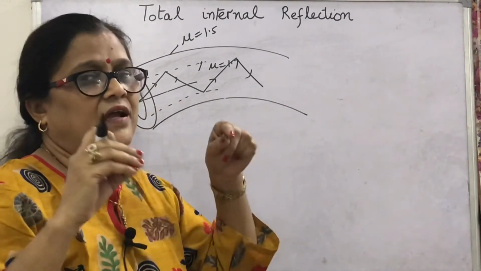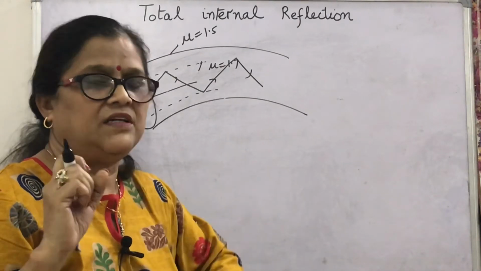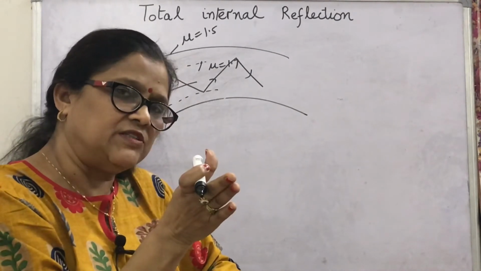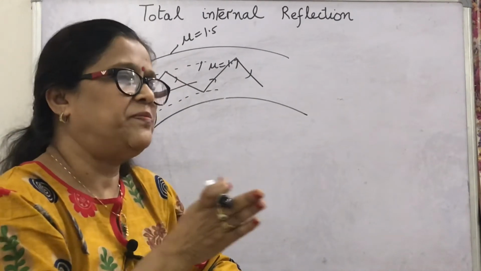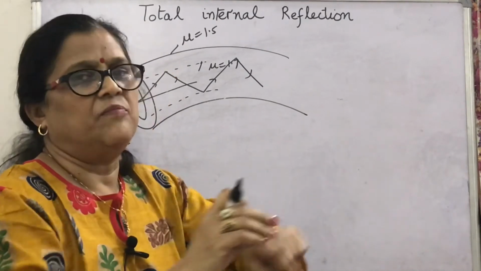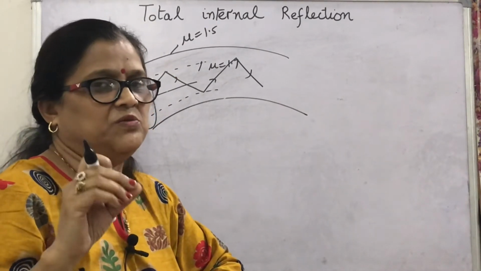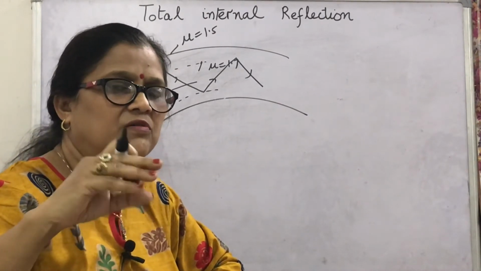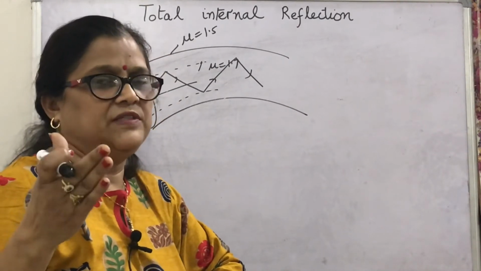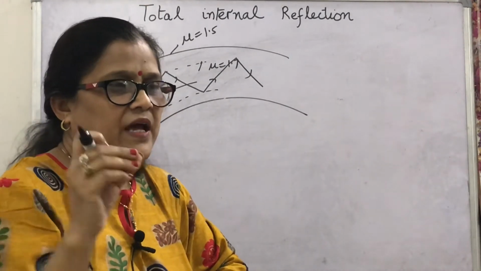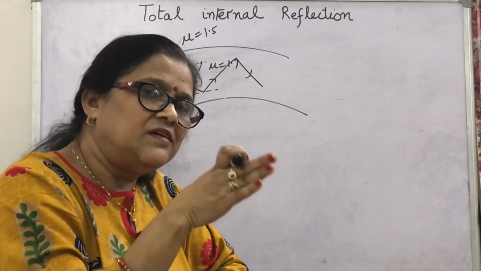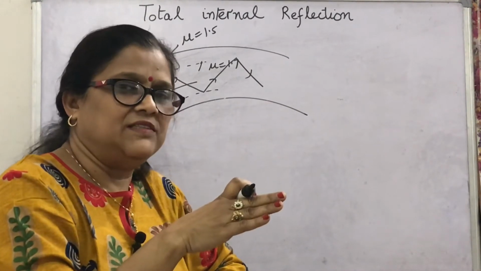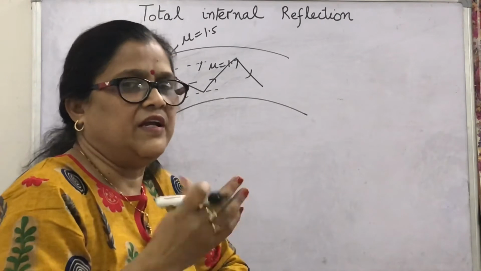Once the light enters diamond, it remains trapped and it comes out in very few directions. In those few directions, all the light rays come out, and that is the reason behind the sparkling effect. So at almost all faces, total internal reflection takes place, and in certain very peculiar directions, when the angle of incidence is less than the critical angle, light comes out and produces the sparkling effect.